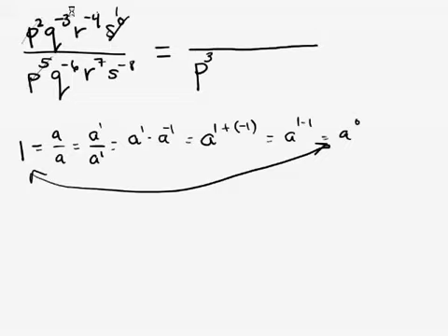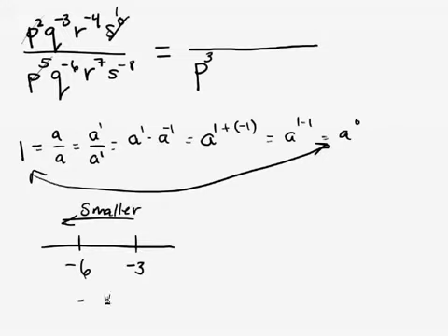And q to the negative 3 over q to the negative 6. Well, again, you take the smaller exponent and move it to the top. I'm pointing at the negative 6, and the reason why is because on a number line, negative 6 would be smaller than negative 3, because as numbers go in this direction, they become infinitely smaller, and as numbers go in that direction, they become infinitely bigger.